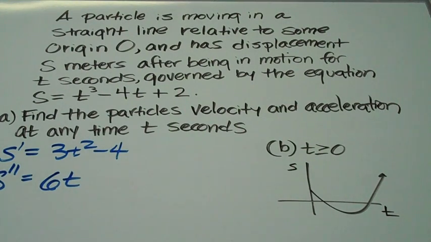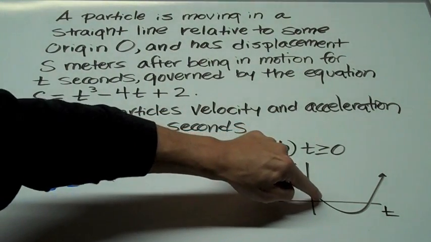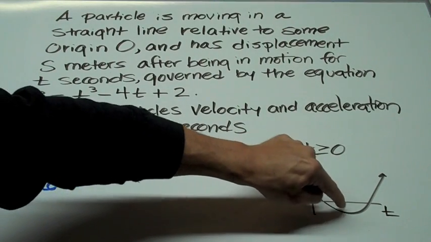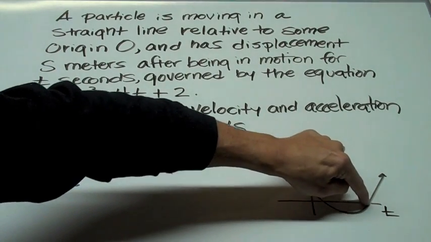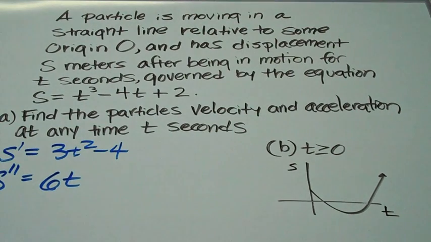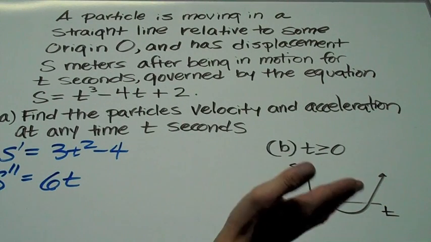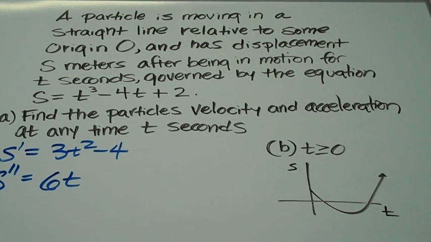Negative displacement means we're to the left. Here we have positive displacement all the way down to 0 displacement. Here we have negative displacement, back to 0 displacement. Here again we have positive displacement. It's kind of difficult interpreting a two-dimensional particle in an XY grid. Actually, it's a one-dimensional particle in a two-dimensional grid.